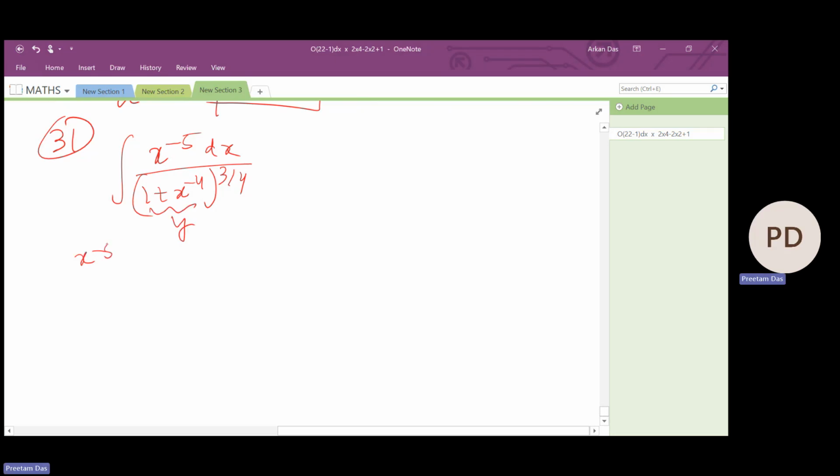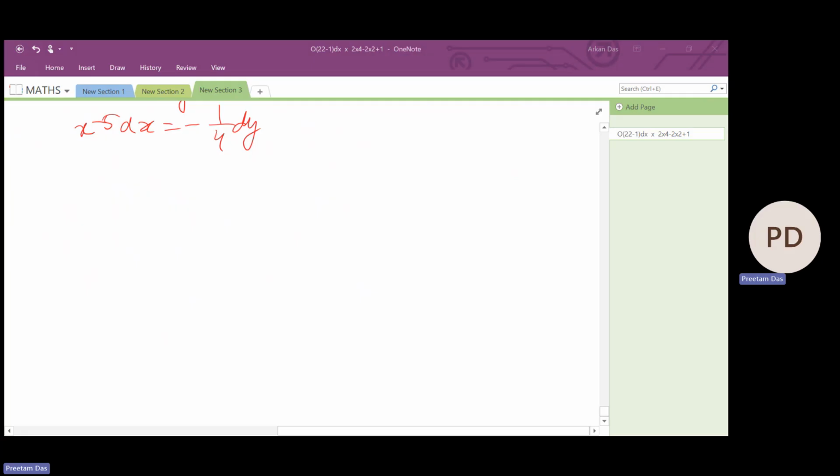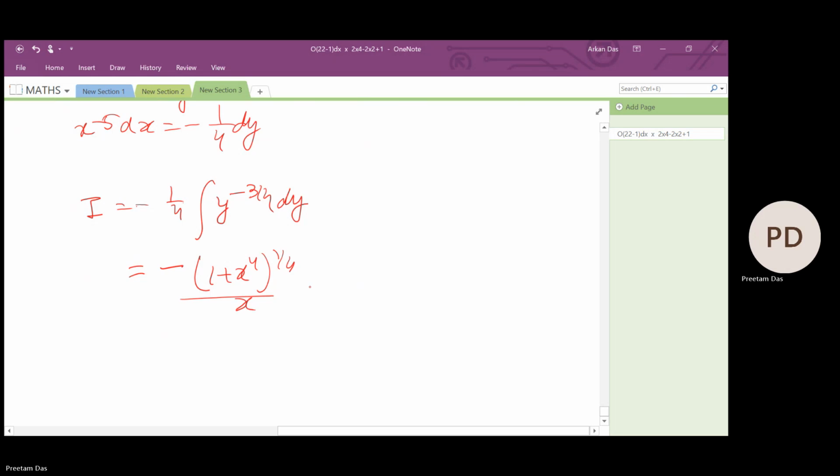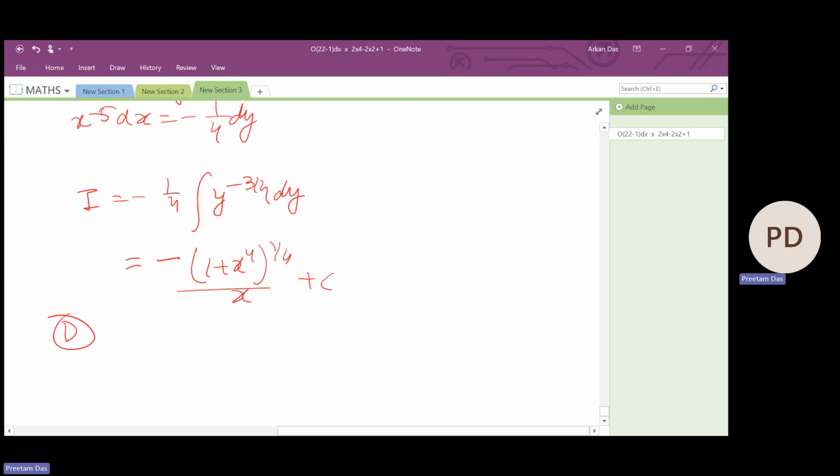X raised to minus 5 dx will be minus 1 over 4 dy. Put these values. It will become minus 1 by 4 integration y raised to minus 3 by 4 dy. So minus, simplify this. So option D.